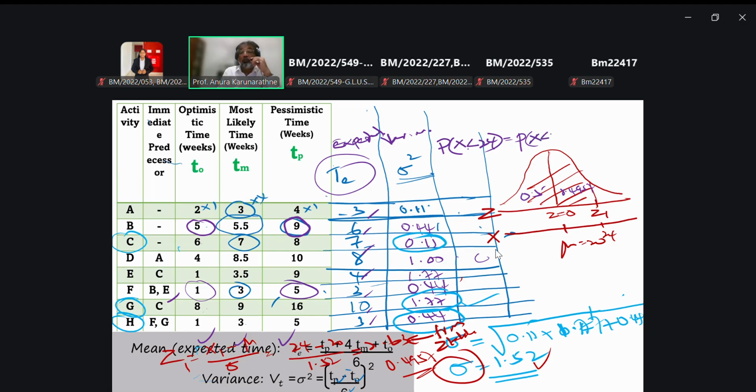x below 20 plus probability x in between 20 and 24, right? So for the first part your answer is 0.5, plus for the second part, in between 20 and 24, the answer is 0.4957.